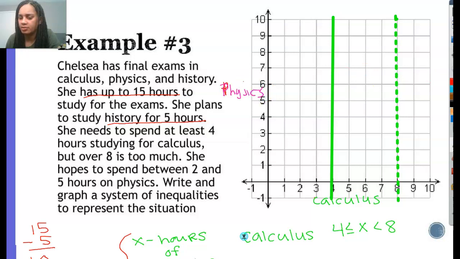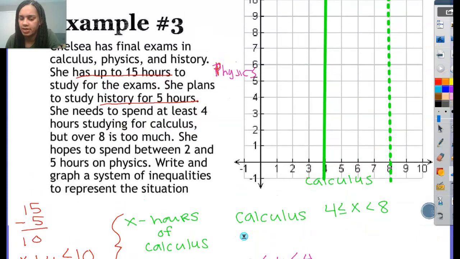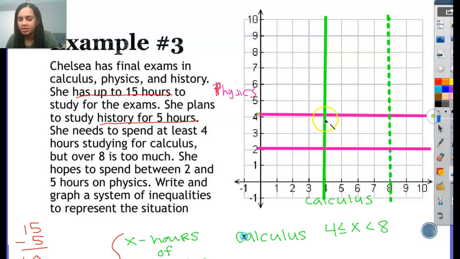And that's going to be along my y-axis between 2 and 4 hours. Two hours and 4 hours. So we narrowed our shading a little bit. It's now not only between the green lines, but it's also between the green and the pink.